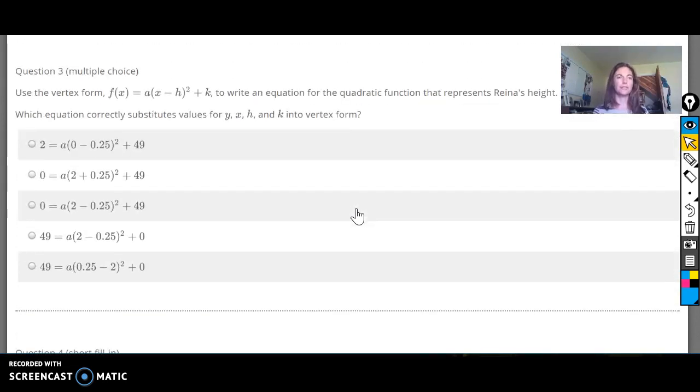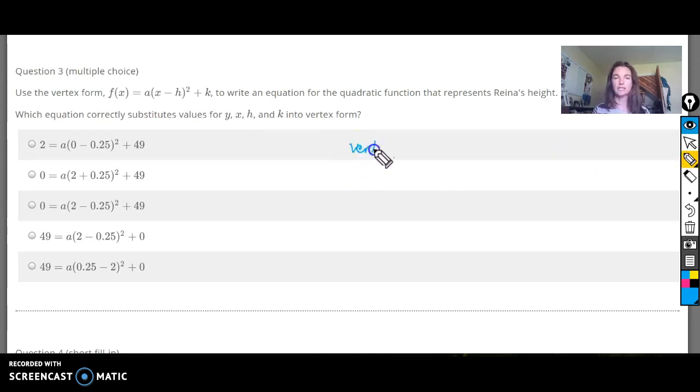Question 3. Use the vertex form, f of x equals a times the quantity x minus h, that quantity squared, plus k, to write an equation for the quadratic function that represents Raina's height. If you'll recall from the lesson, those h and k values in vertex form are actually the coordinates for the vertex.